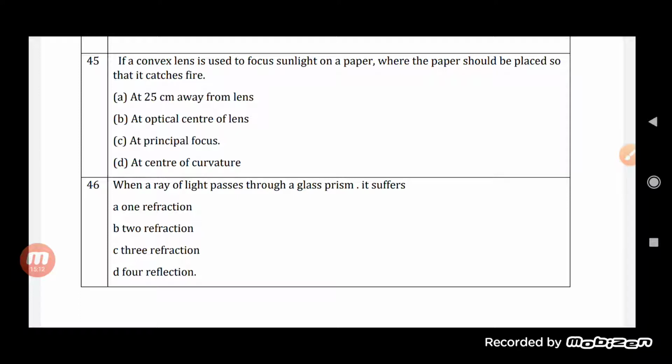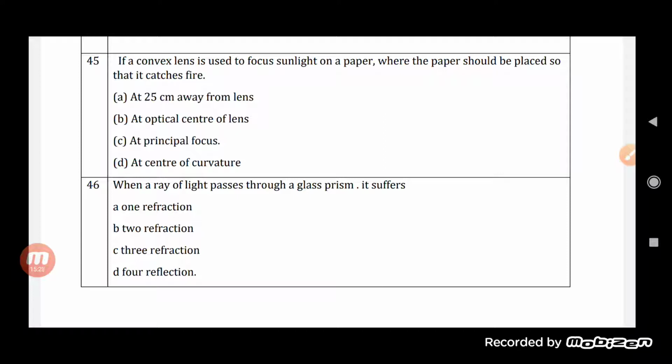Now see here, the object is kept at 25 centimeters from the lens, at the optical center of the lens, at the principal focus, and at the center of curvature.